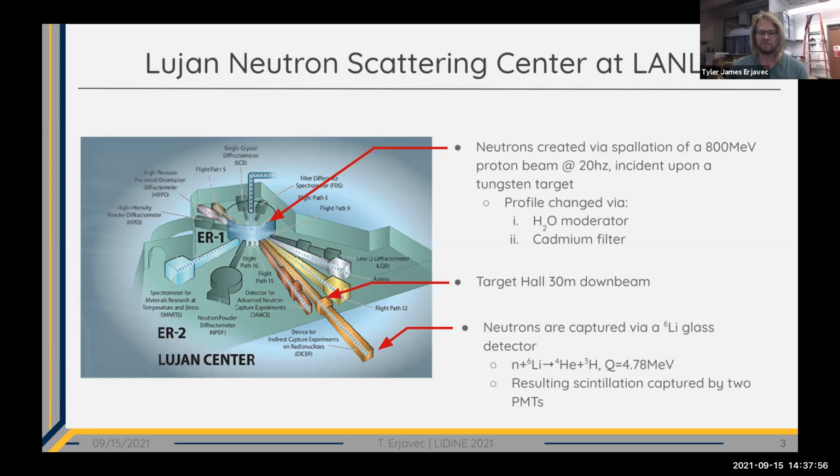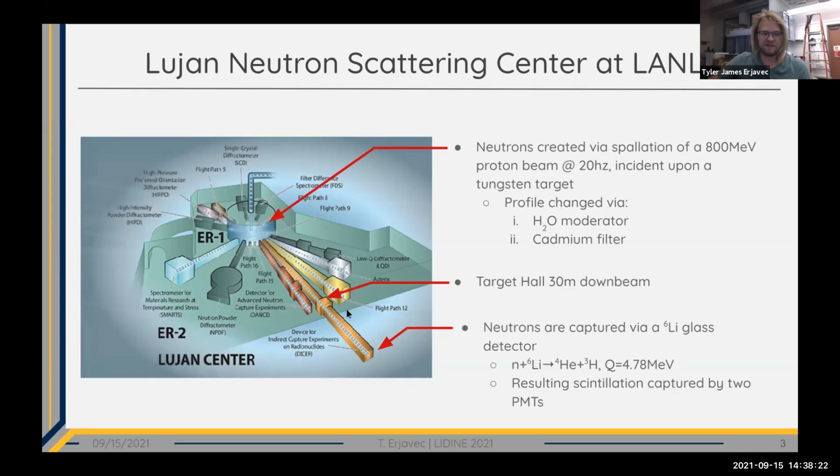Then the neutron flux is moderated via a liquid water moderator and also a cadmium filter, whose primary purpose is to reduce the number of thermal neutrons that swamp our DAQ so we can reduce our dead time. Then down here in the middle, about 30 meters, is our target hole, where we set our ARTIE vessel, our ARTIE target.